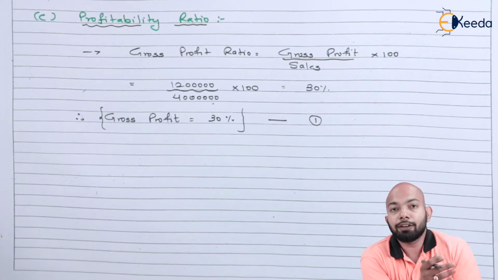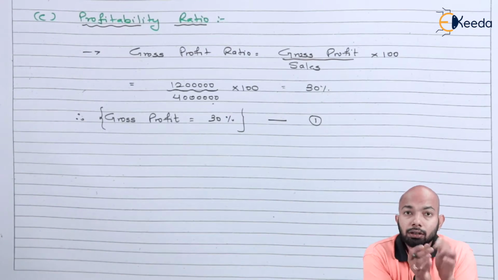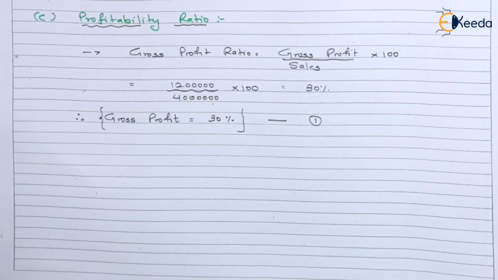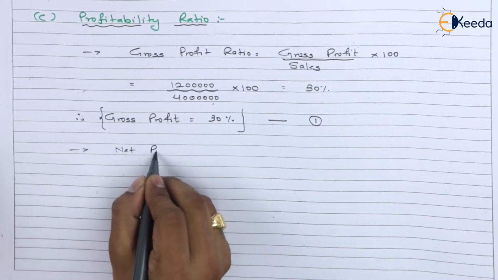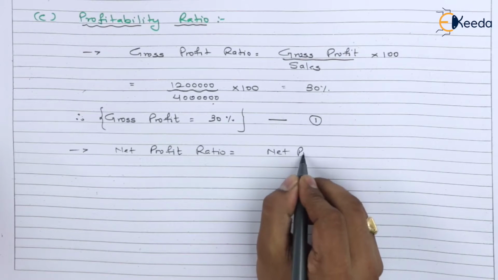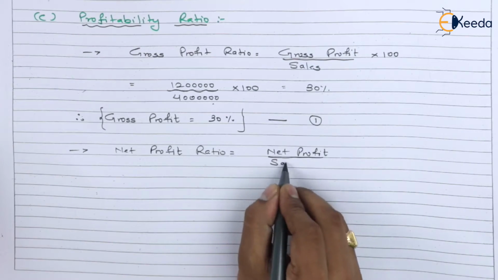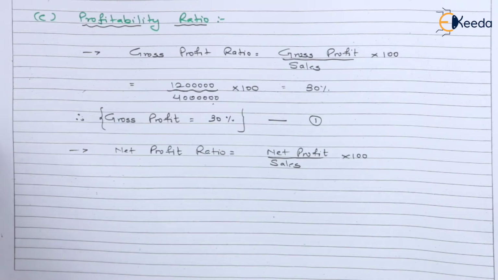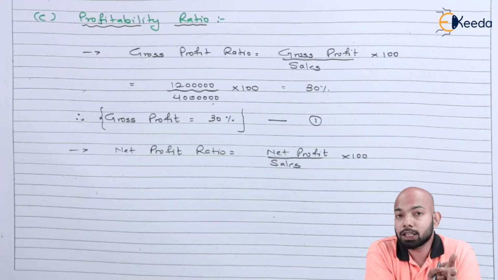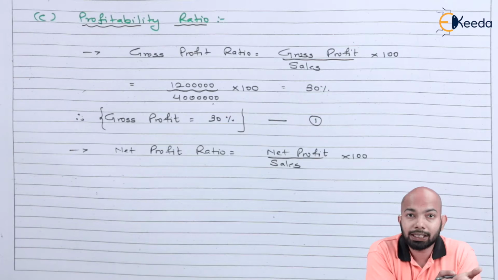Similarly, the next ratio that we can figure out is the net profit ratio. The formula remains the same. Instead of gross profit, you will put down net profit. The net profit has been already given to us in the profit and loss statement, which is 5,20,000.